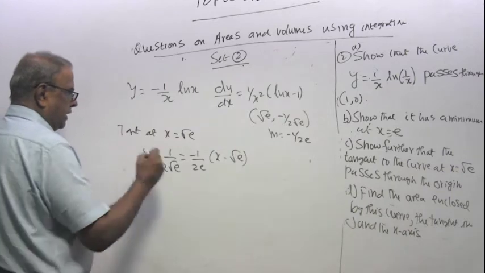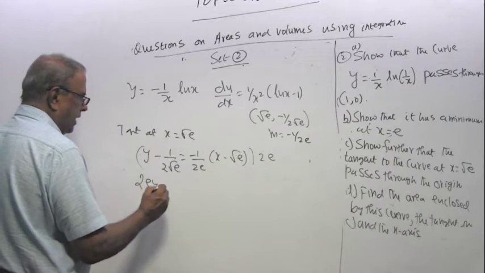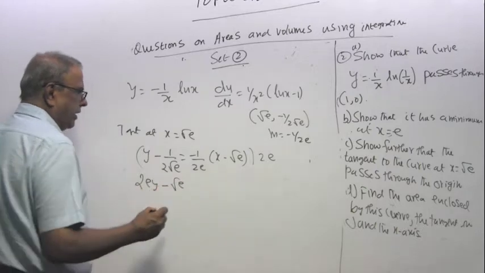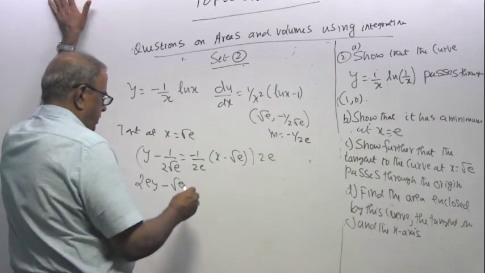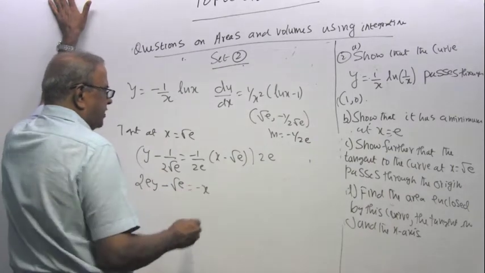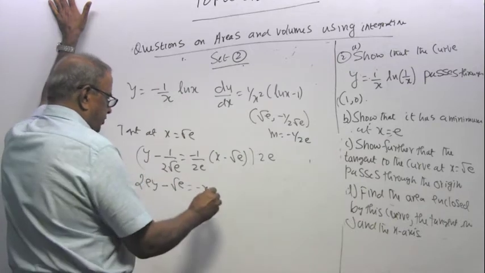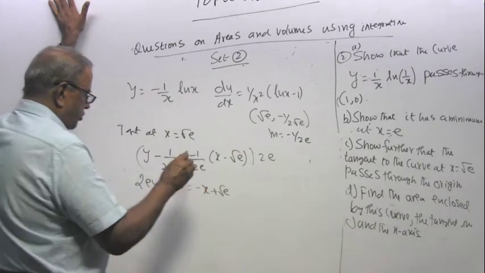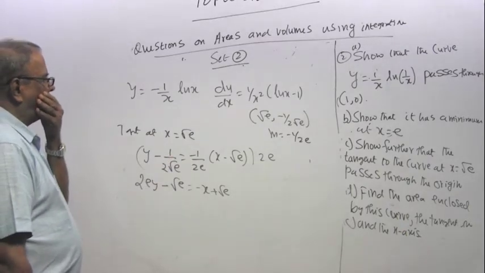Let's multiply throughout by 2e. So 2e y minus root e is equal to minus x plus root e. I've gone wrong in a minus sign somewhere. That root e should have cancelled. Where have I gone wrong?